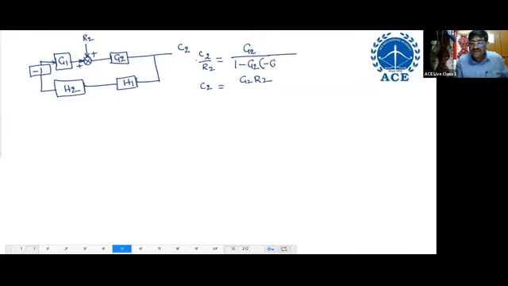Minus G1 H1 H2. That means what is C2? C2 equal to G2 R2 by 1 plus G1 G2 H1 H2. Similarly, find C by R3.